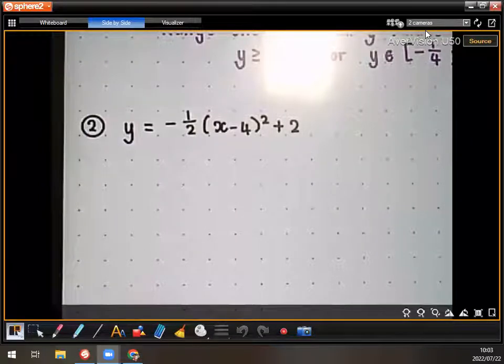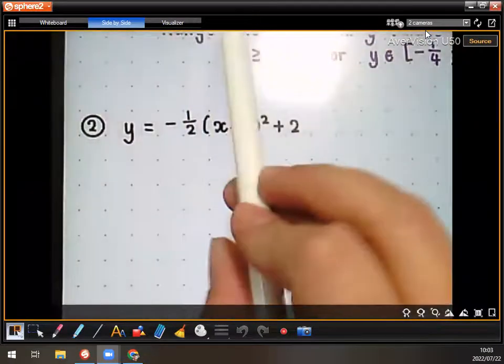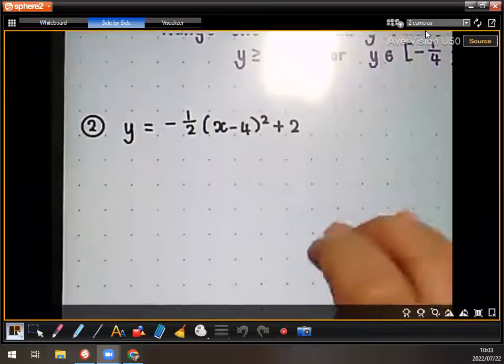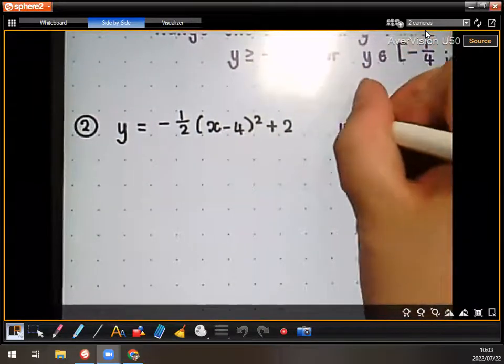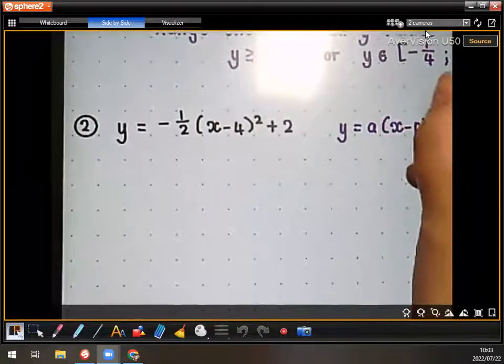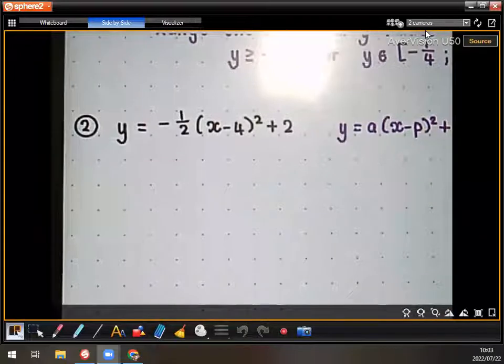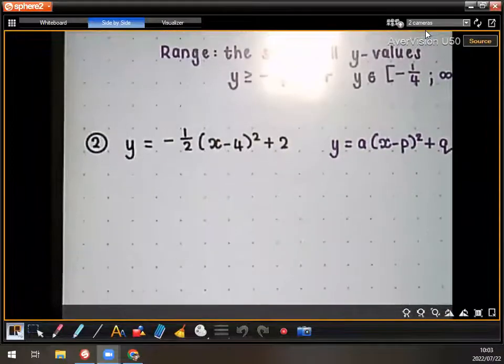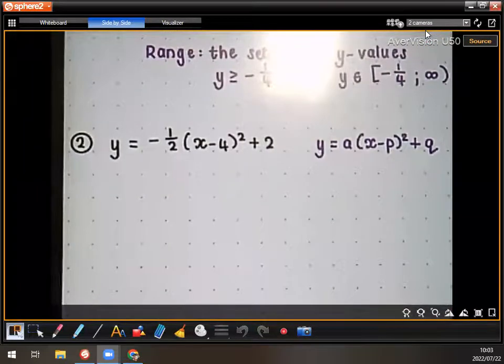As soon as we see that squared bracket, you need to think turning point form. Remember turning point form, I'll just write it here on the side. It was y equals a, bracket, x minus p, squared, plus q. And that is what turning point form looks like.